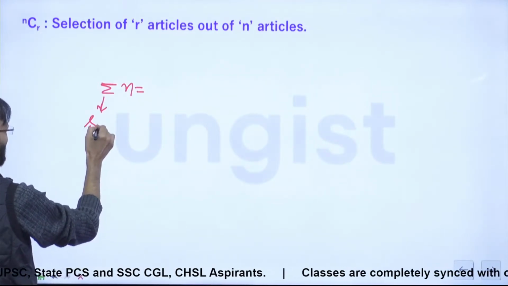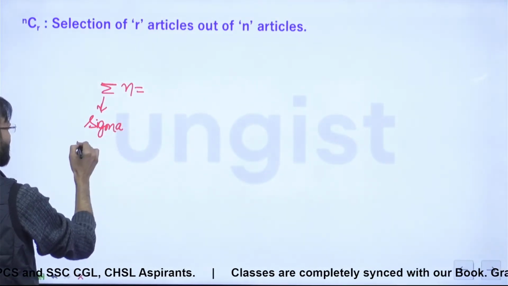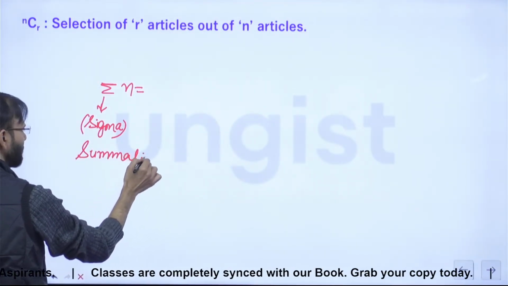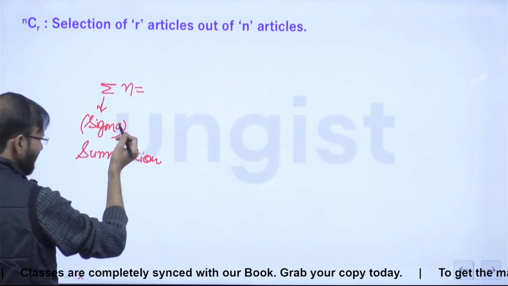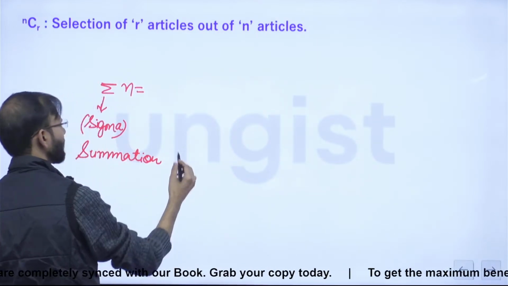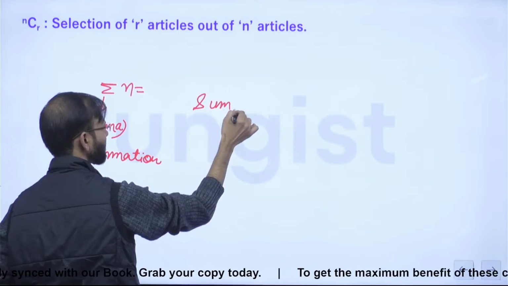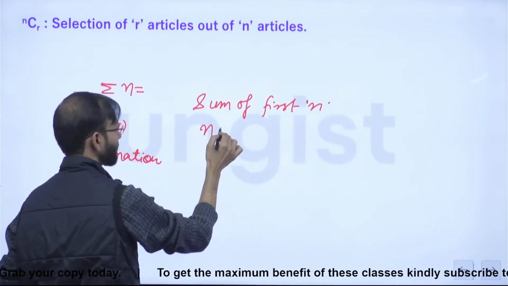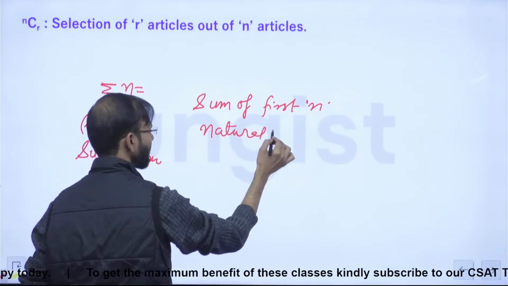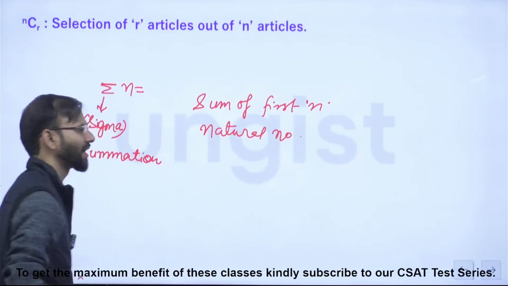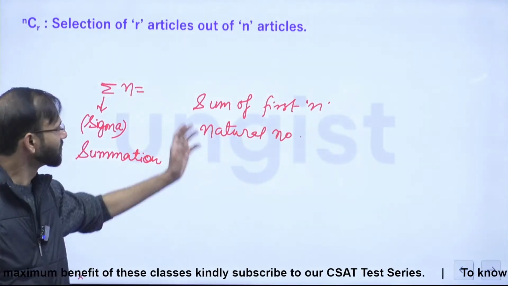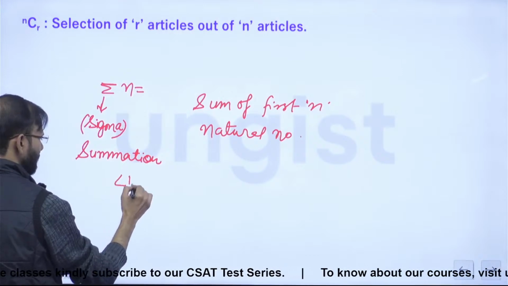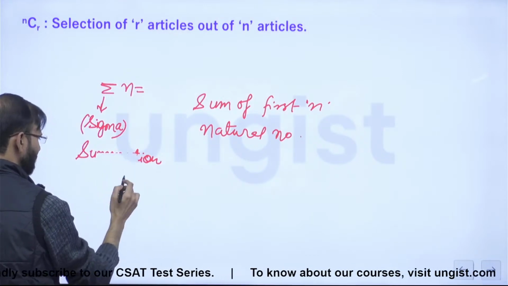This expression is known as sigma expression, or summation. So summation n is the sum of first n natural numbers. When it is product, this will become factorial, and when it is sum, it will become sigma n. Right, everybody? Friends, sigma 1 is 1. Sorry, sigma 1, not factorial.